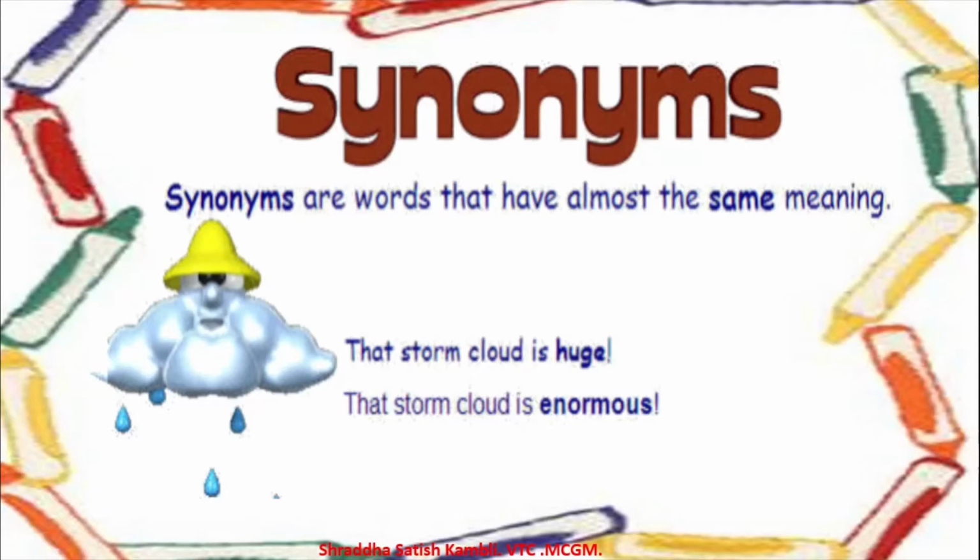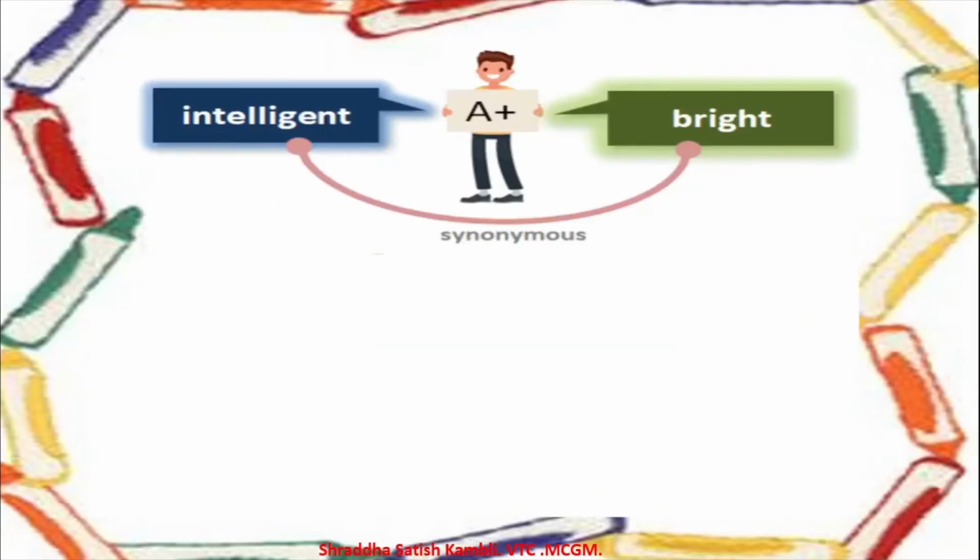Now we have been doing synonyms and we have been seeing meanings for many number of years now. Alright, now let us look at a few more examples of synonyms. So see, intelligent is synonymous with bright. Synonymous means they are synonyms of each other.